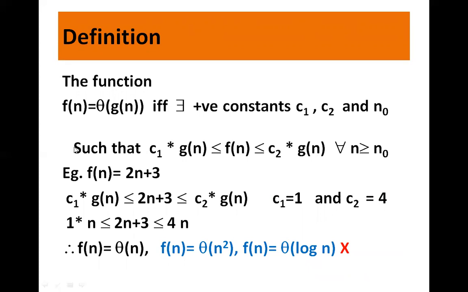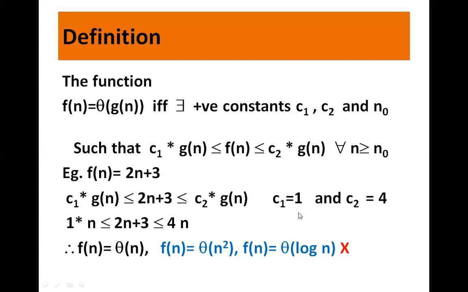So again, the same example that we have taken previously. We have f of n is equal to 2n plus 3. Now substitute the value here. C1 into g of n, f of n is substituted by 2n plus 3, right? Now, let us take C1 as 1 because it is a lower bound and g of n is nothing but n. We already know when we took C1 equal to 1, it gave us the lower bound. And let us replace C2 with 4 as a constant and g of n is n.